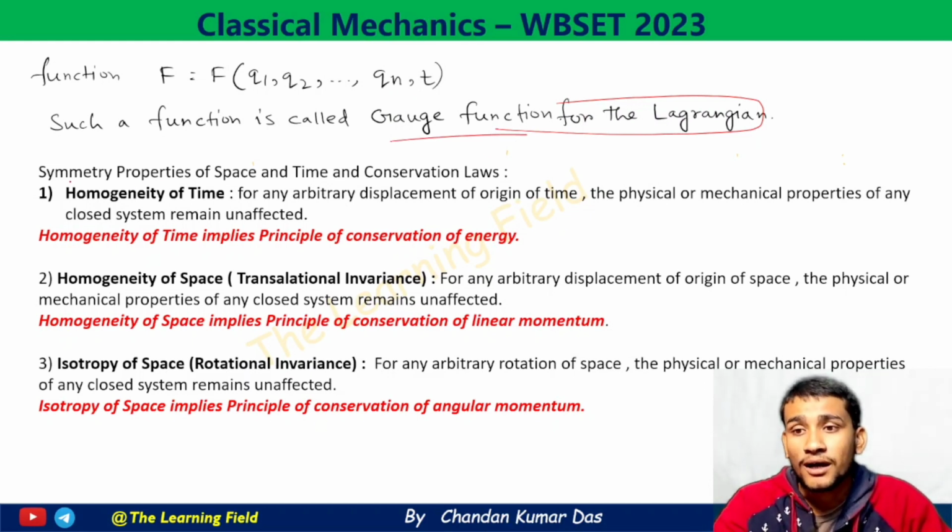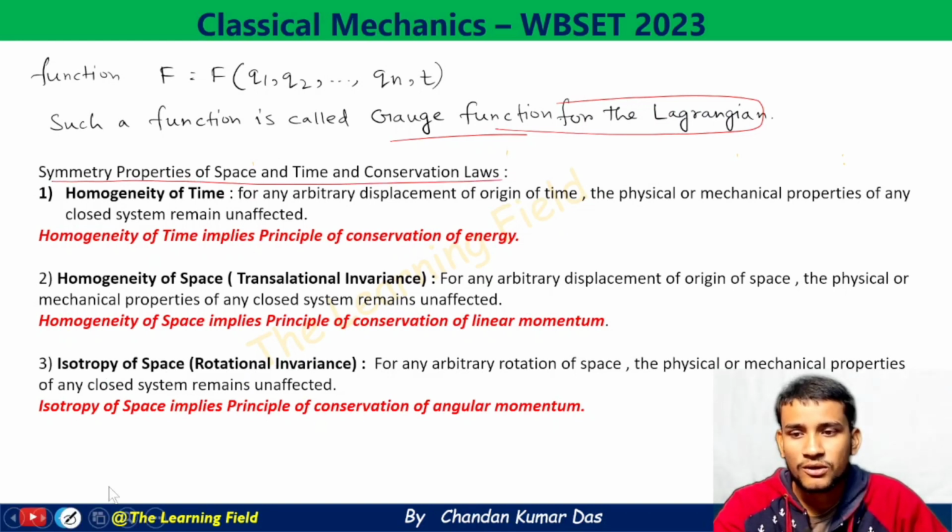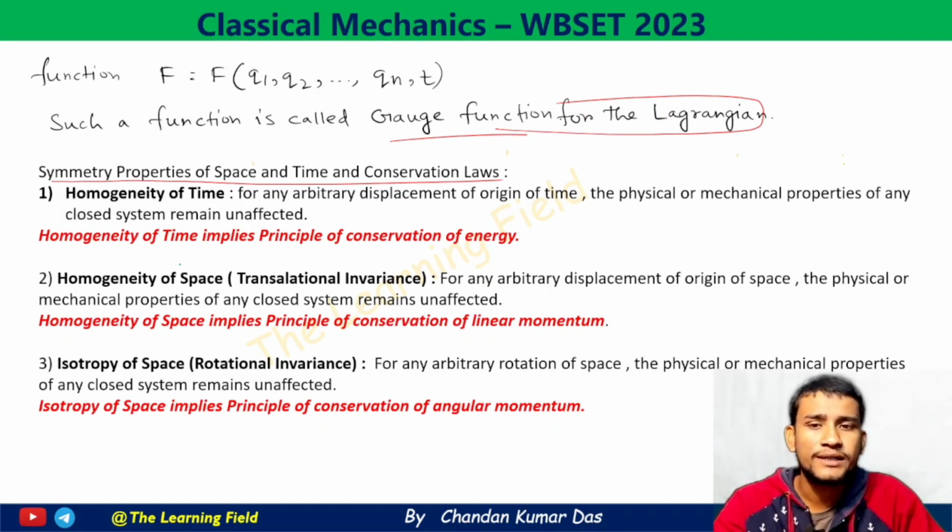Now one more important thing is the symmetry properties of space and time and the conservation law. From here a question came in the 2022 WBSET exam, okay. I think I already solved that question in the 2022 solutions paper, you can check that, that's why I am not taking the question here.